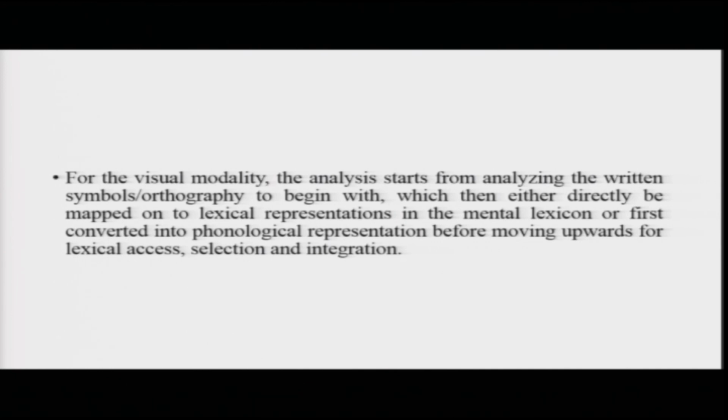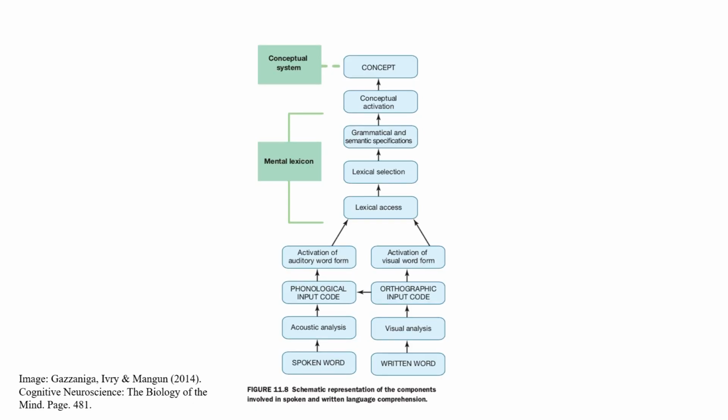This is a schematic of how the representation of concepts involved in spoken and written language comprehension might be. You will see the conceptual system is one, however the spoken and the written words go through different routes. The spoken word goes to acoustic analysis, converts into a phonological code, then the auditory word form is activated and moves further.